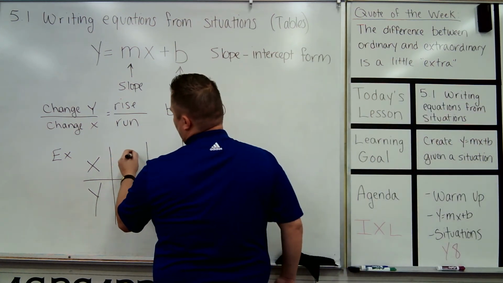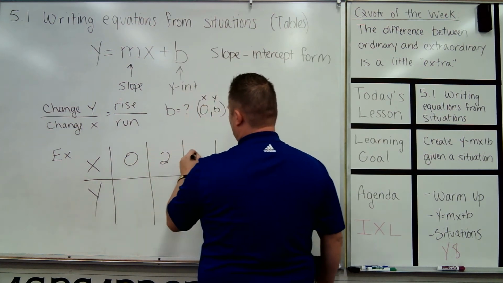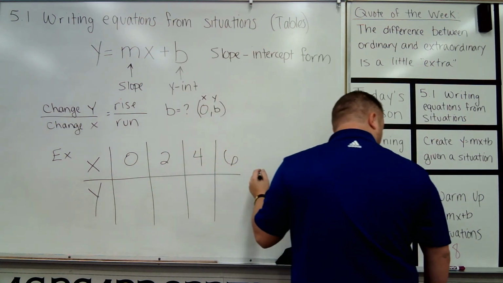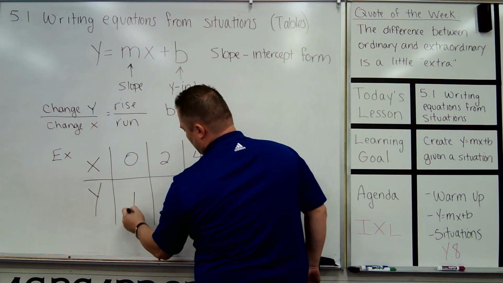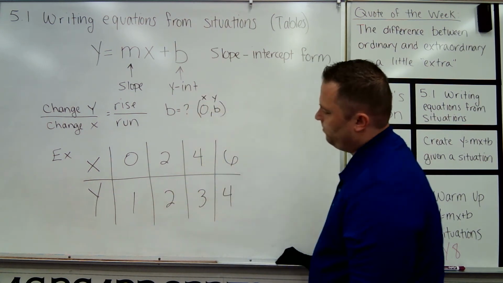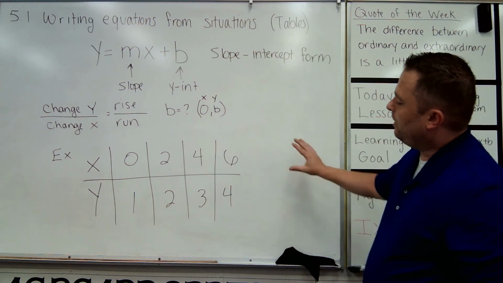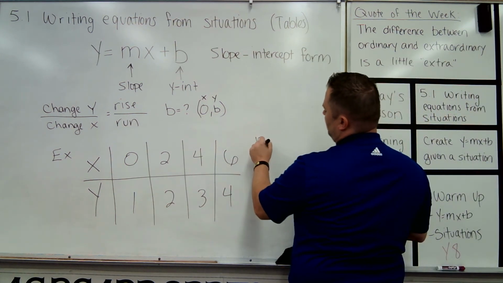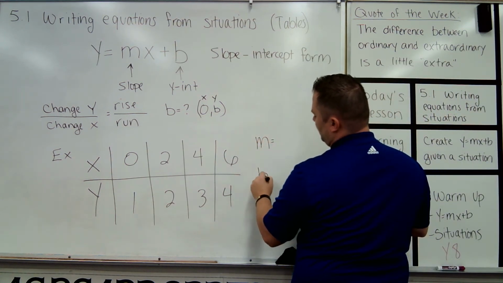What if these numbers went 0, 2, 4, 6, and this number went 1, 2, 3, 4? Can we find out what m is equal to and what b is equal to?